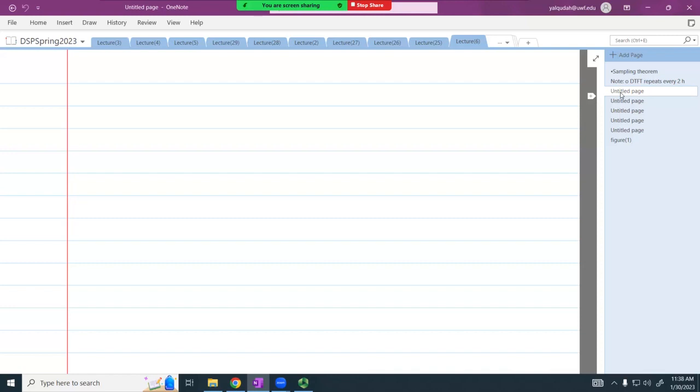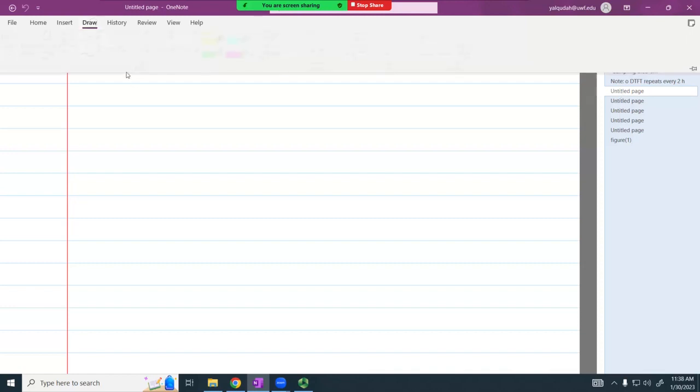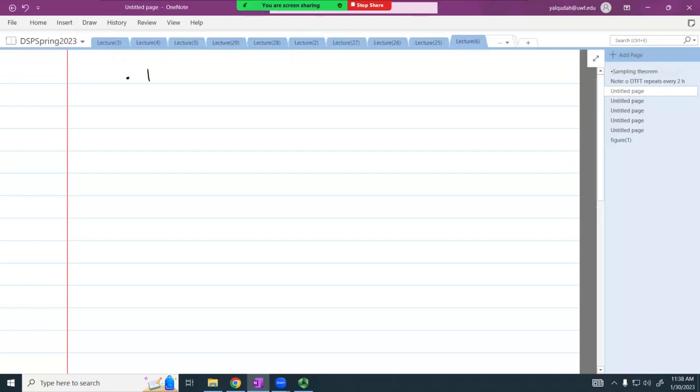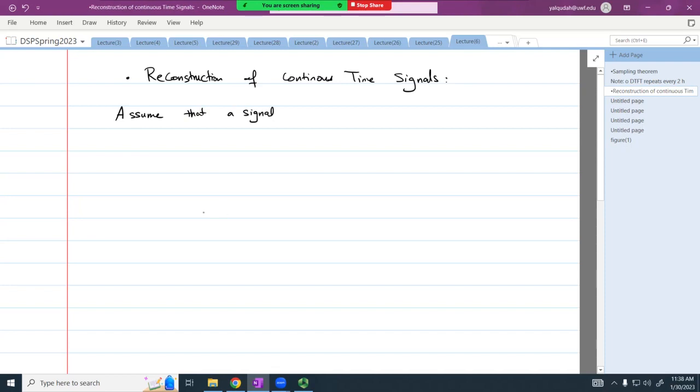So now that we sampled the signal, how do we reconstruct this signal? So we're going to look at the reconstruction of continuous time signals. So we're going to assume we have a signal that has been sampled such that the Nyquist theorem is obeyed.